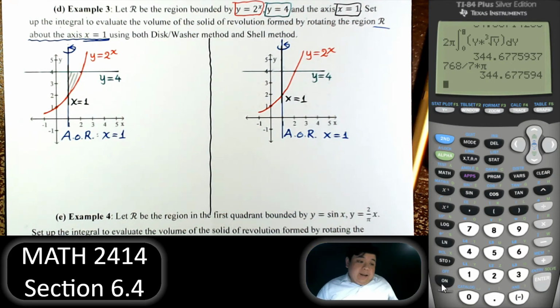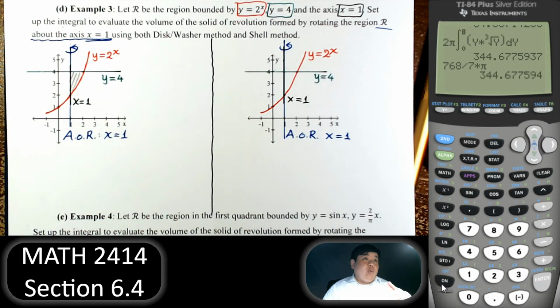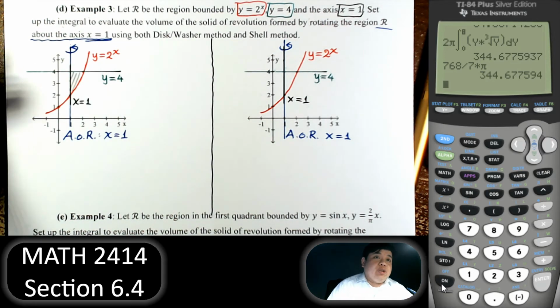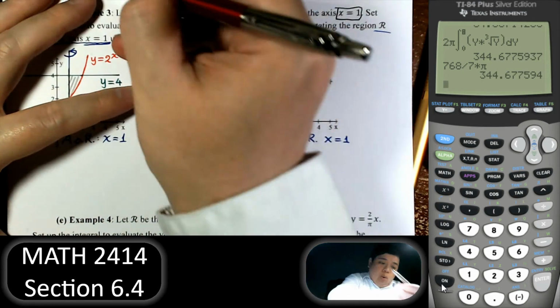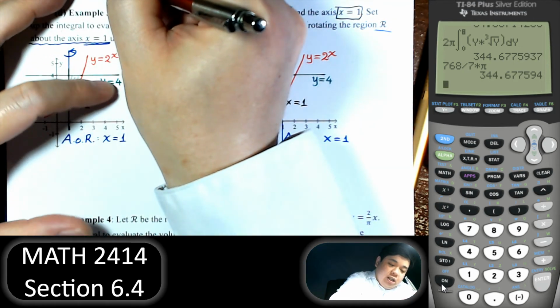Right. Now, x equal to 1, y equal to 4, we cannot really switch to x and y. But y equal to 2 to the x, let's write that as x equal to something in y too. So because we don't know if we use dx or dy, let's just write that.